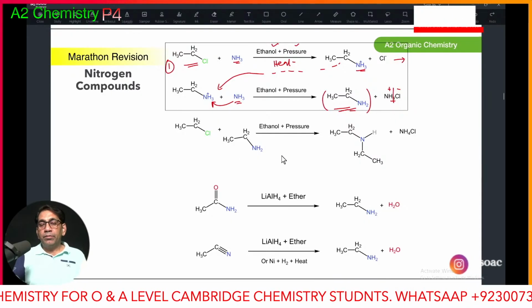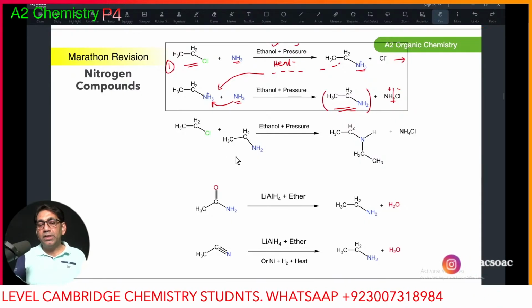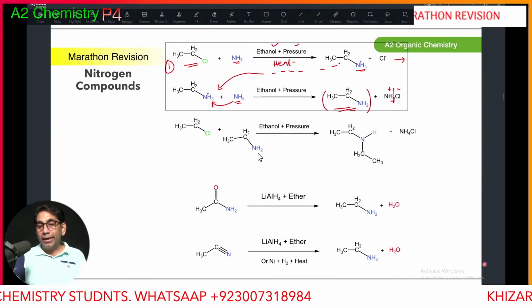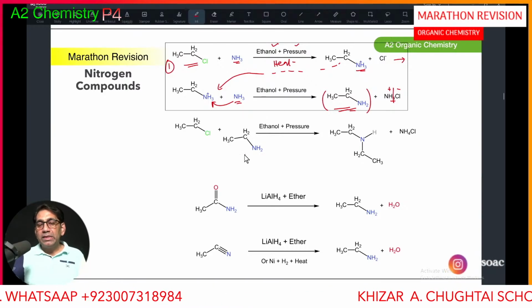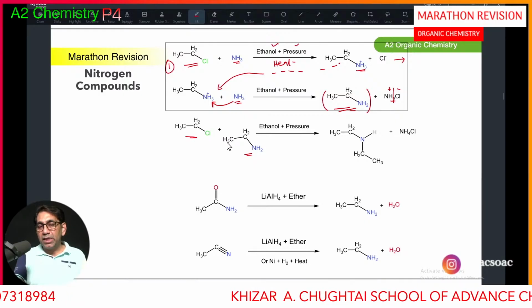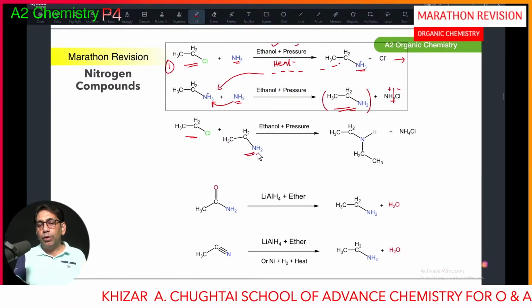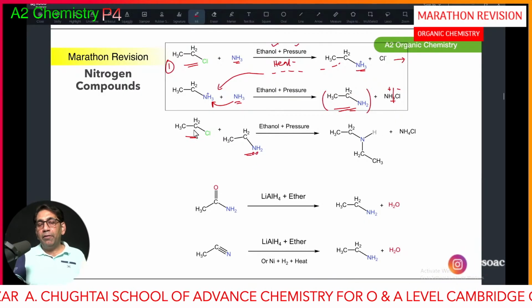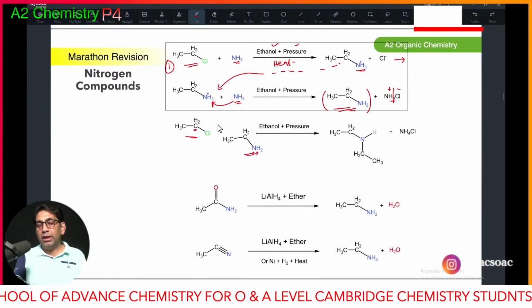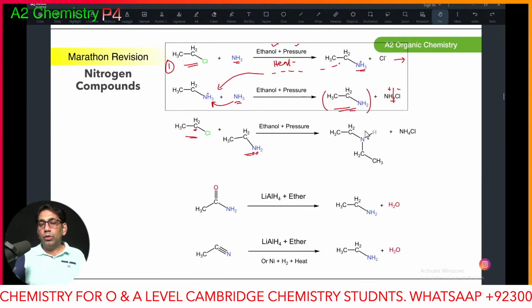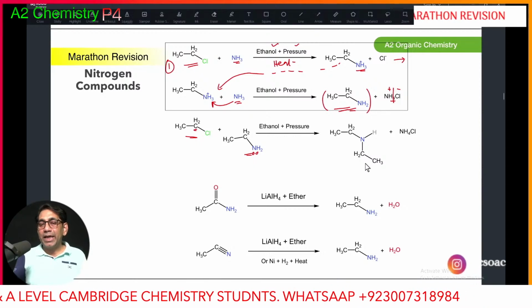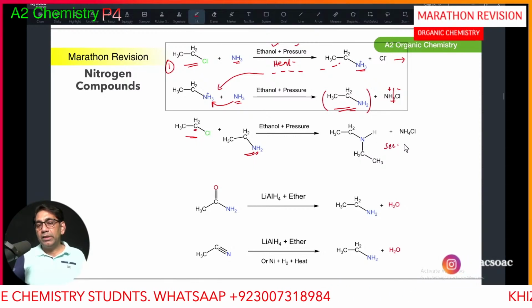Now in this case, if I'm using, this is basically not ammonia, this is basically primary amine. Similarly, primary amine and the same haloalkane can react. This is a nucleophile, an incoming nucleophile. It will attack on this carbon atom. Cl has to go. So this is the formation of a secondary amine.